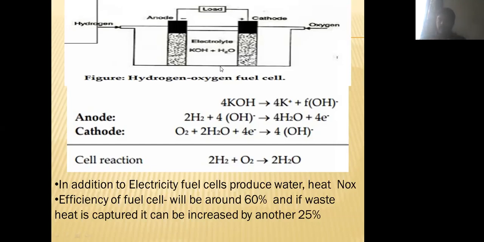Now at this particular point, at the anode part, two important things come: H plus ions and, at the same time, electrons. At the anode part, both interact and are converted into hydrogen. Now the hydrogen is going to come out.